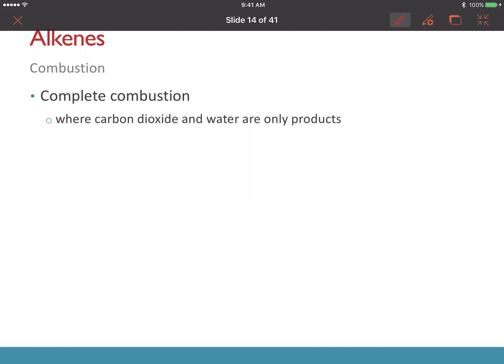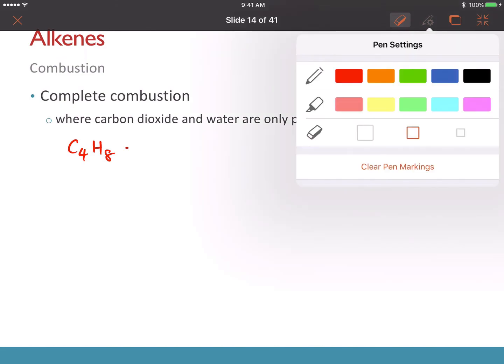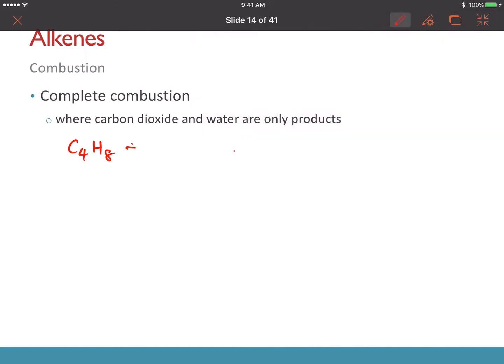Let's just do an example. For example, C4H8 plus oxygen will give us carbon dioxide and water. So let's try and balance this equation. There should be 4 carbon dioxide and 4 water. That will give us 4 times 2 plus 4, 12, so 6 oxygen molecules.